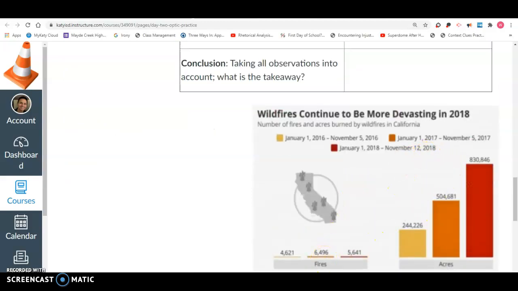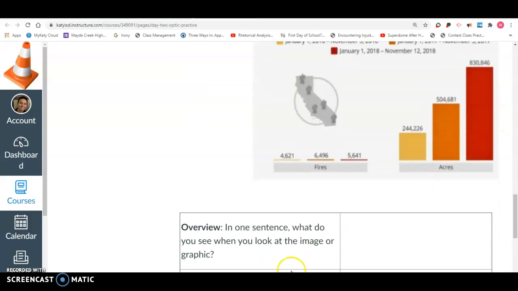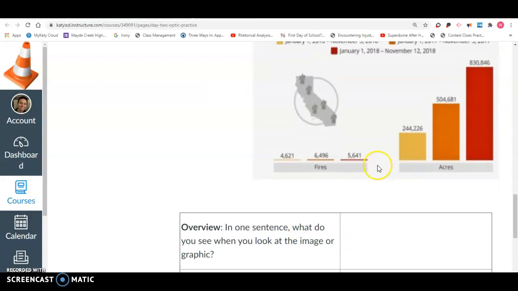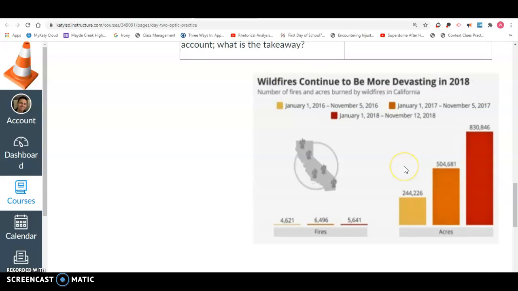Looking at this infographic about wildfires from 2018. In one sentence, what do you see when you look at the image or graphic? You can just mention wildfires, California 2018, so maybe California wildfires in 2018.